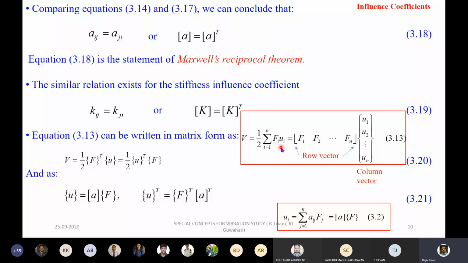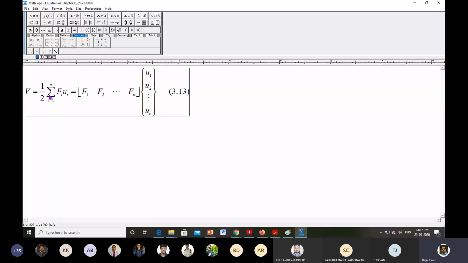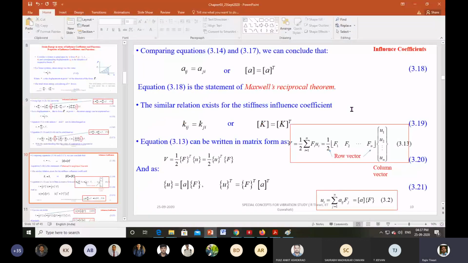Those can be written in this form. This is a row vector and this is a column vector. So if you multiply these two, what you'll get? F1 U1 plus F2 U2 plus up to Fn Un. Same thing as this, except the half, which will come here.